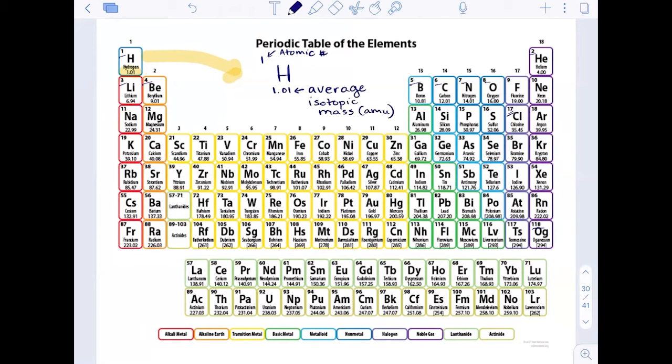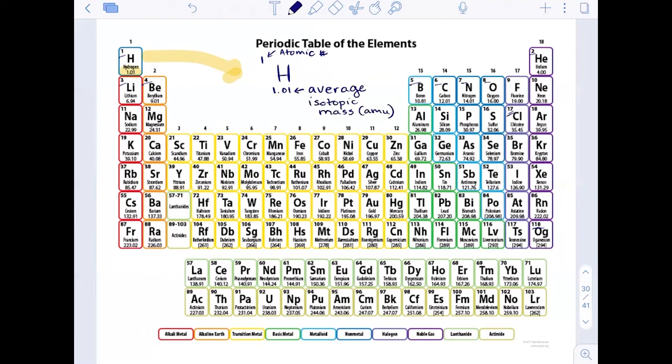isotopes. Now, this is where we have to say, sorry, John Dalton, one of your postulates was not correct. If we remember postulate number 2, I believe, or maybe it was number 1, whatever postulate it was, it said that every element, no matter what sample, has the same mass and same exact properties.